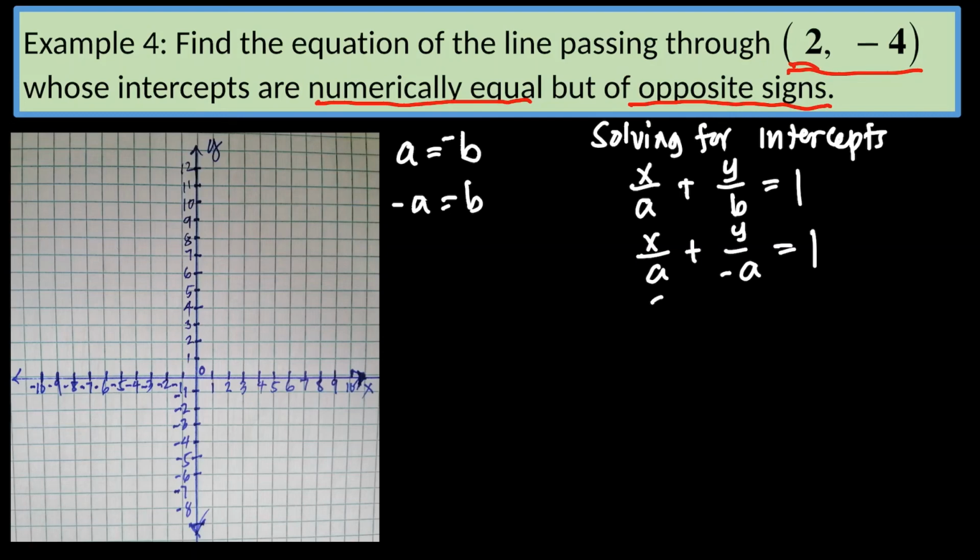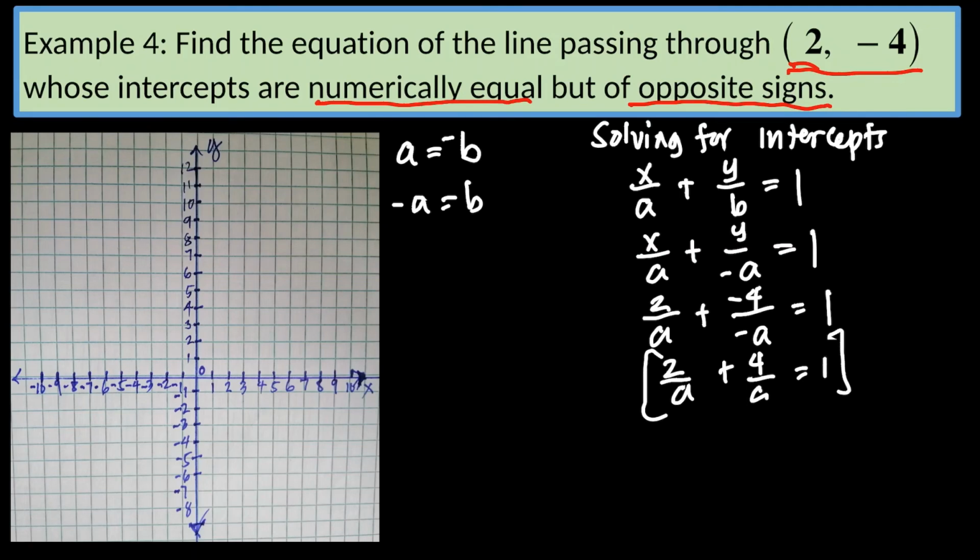So we have 2 over a plus negative 4 over negative a equals 1. Oh, by the way, let's rewrite it first. 2 over a plus 4 over a equals 1.